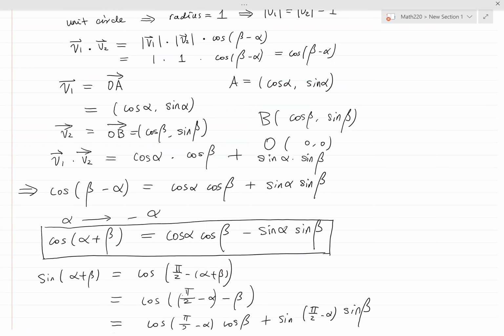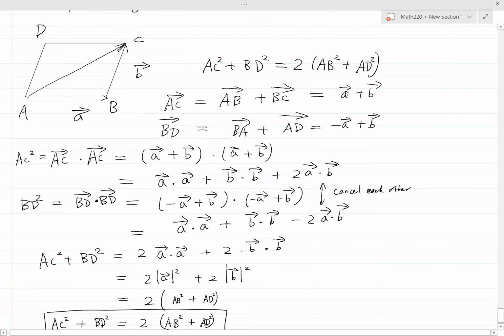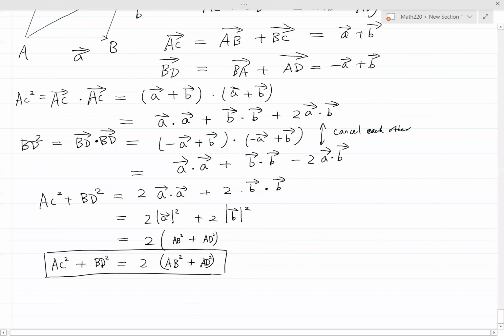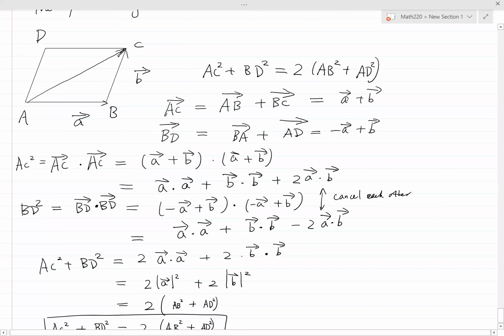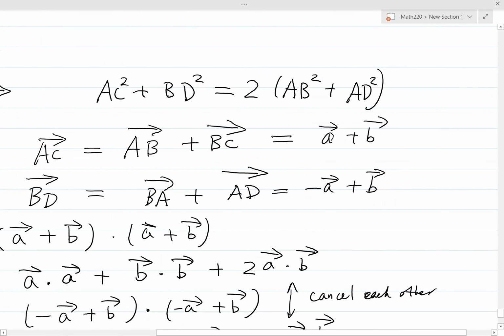Okay, can you scroll down a bit? Yeah, here. When you wrote BA plus AD, which is equal to negative A plus B, I didn't understand this. Aha! You see? I got confused.